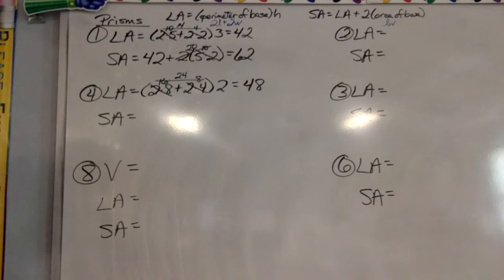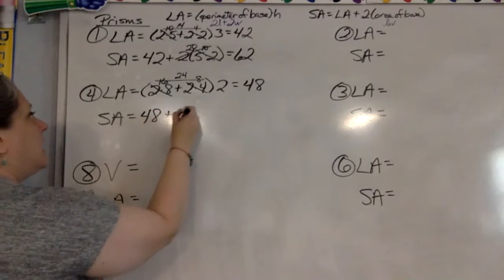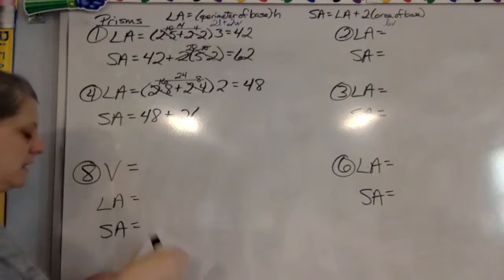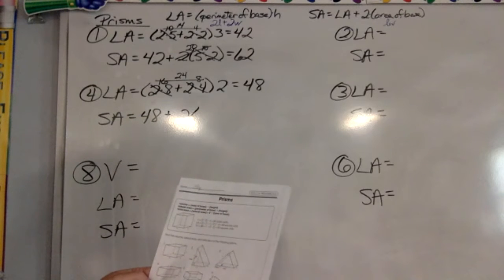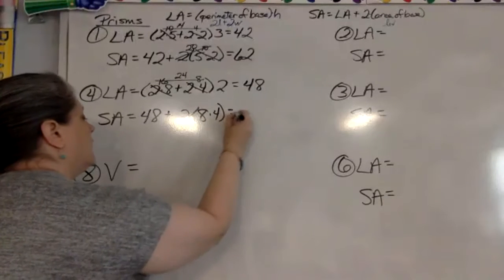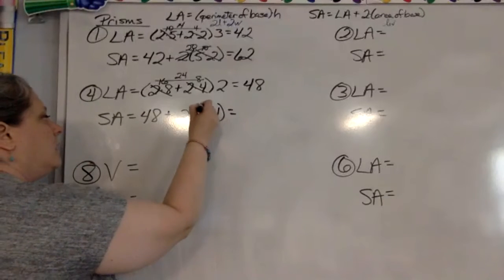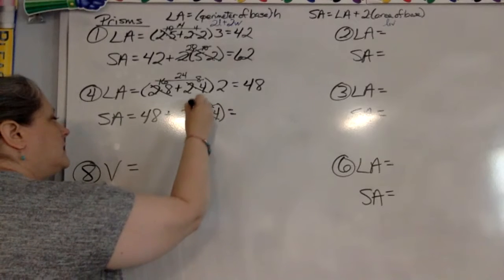Okay. Now to find my surface area, I take that lateral area, which was 48, plus 2 times the length and width of my base. Remember, the base was the rectangle it was sitting on, which was 8 by 4. So 8 times 4 is 32. 2 times 32 is 64.